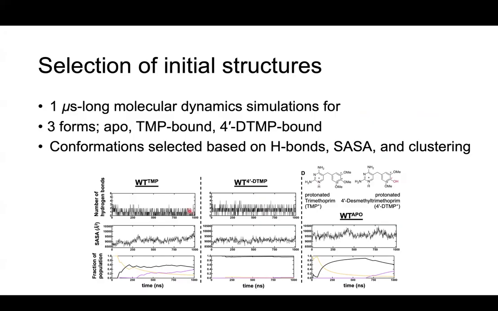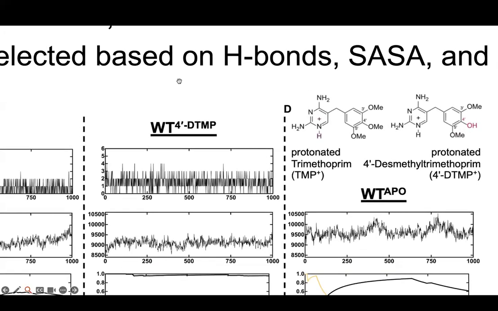So to understand how the conformational landscape changes, how the structure of the protein changes, we perform some analyses. One of them is hydrogen bonds, the other one is SASA, and the last one is clustering. So hydrogen bonding is actually, this is the drug here.